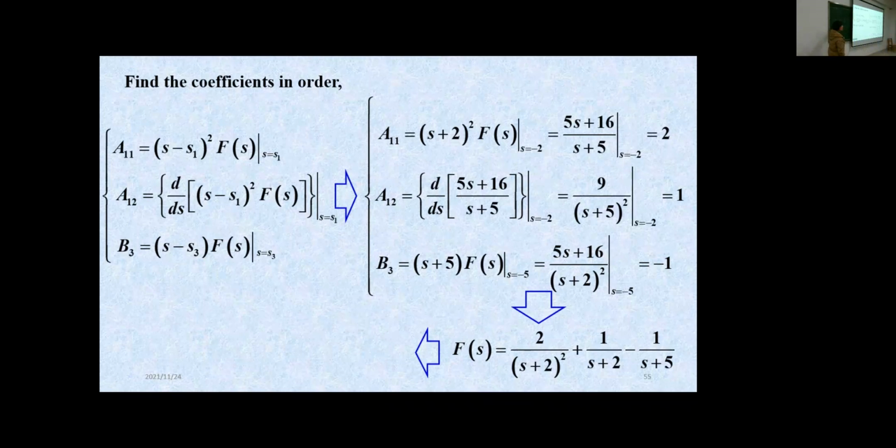This is to go for s plus 2 also, right? And then B is to go for, because B already has s plus 2, so we only multiply by s plus 5 and s plus 2 for B, right?